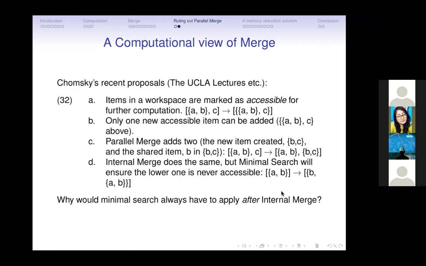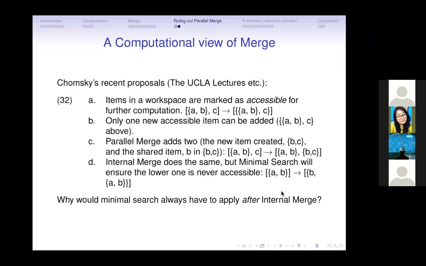And then what he needs to do is rescue internal merge being ruled out by something else. I actually don't think that works out if you work it through, but you can see that we've now got two things going on, right? We've got not just the system doing it, but the system generating the right thing, there's something else also ruling it out. So I'm not going to take you through this, but I think those proposals also don't work.